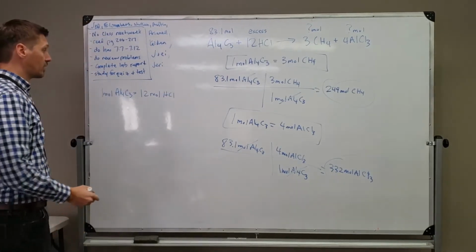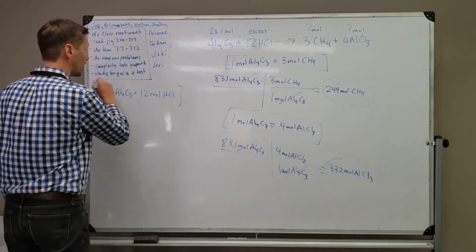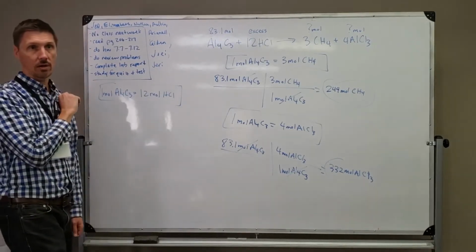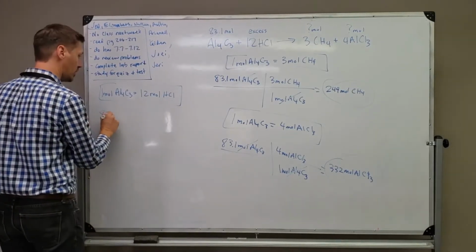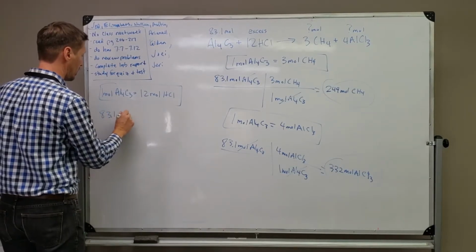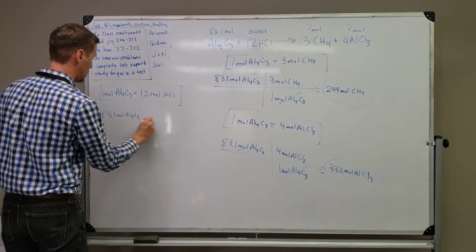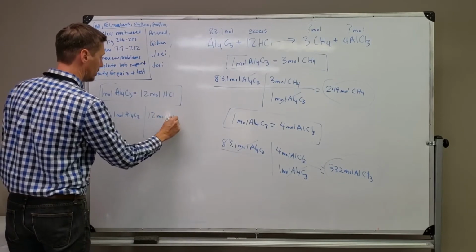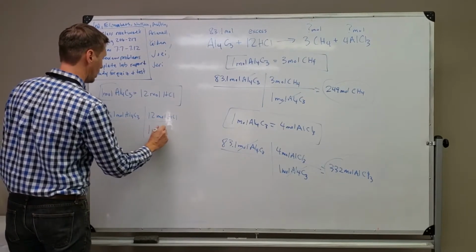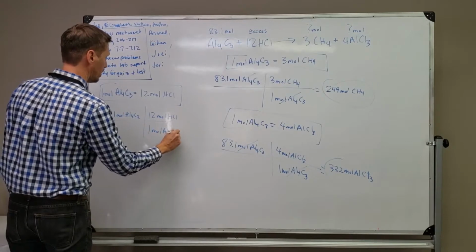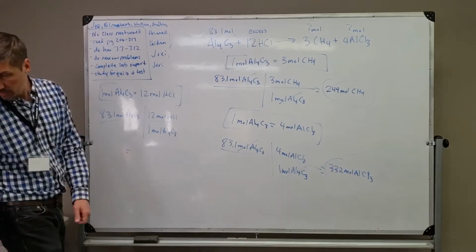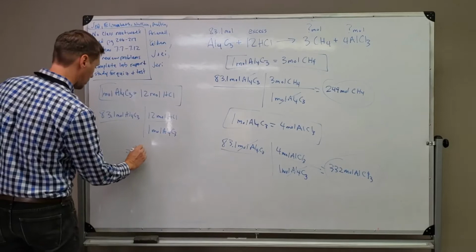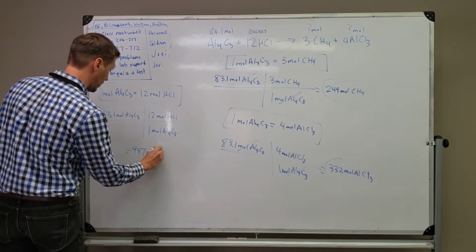So then using that conversion relationship, we could figure out how much HCl was used up, right? Be the exact same thing we've already done, 83.1 moles of Al4C3 times 12 moles of HCl over 1 mole of Al4C3, and that comes out to be 997 moles of HCl.